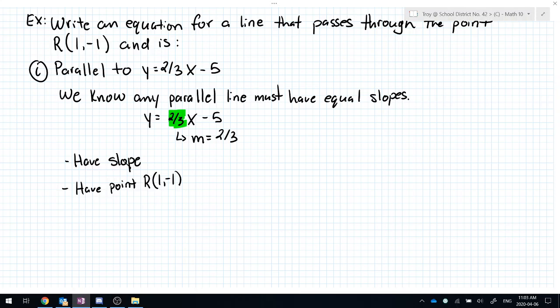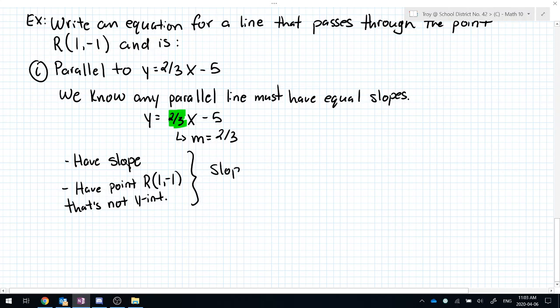It would be right on the y-axis. So we know it's not the y-intercept. So if we have the slope of a line, and we also have a point that's not the y-intercept, we need to use slope point form, our new form.